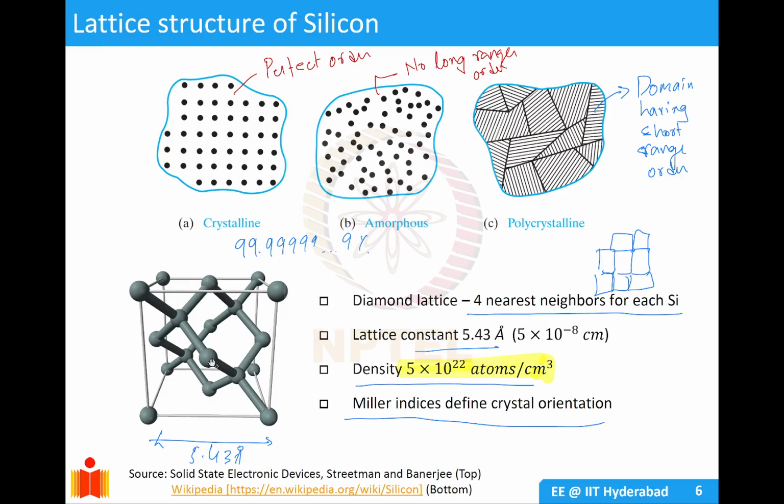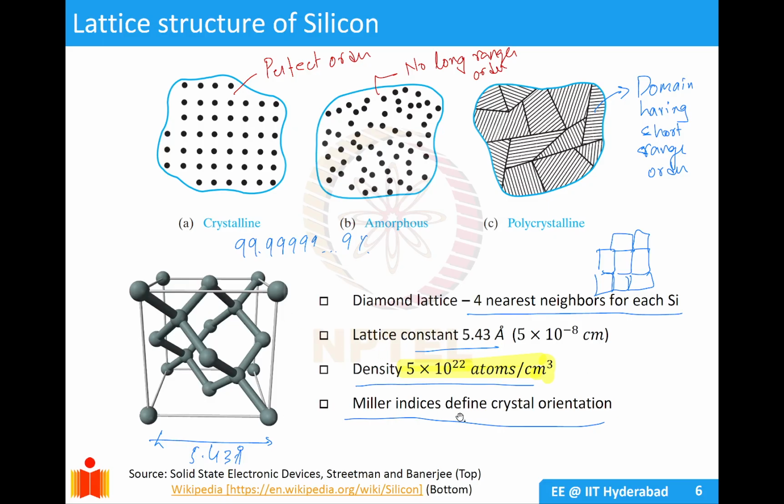For each silicon there will be four nearest neighbors, with a lattice constant of 5.43 angstrom. That is the distance between two nearest atoms. And if you calculate the density, you will get 5 times 10 to the power 22 atoms per centimeter cube.